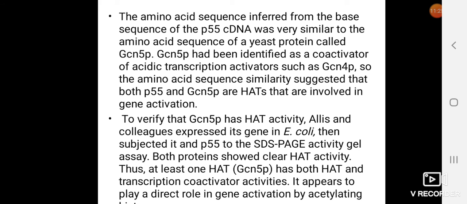Gcn5 has been identified as a coactivator for transcriptional activators such as Gcn4p. The sequence similarity suggested that both p55 and Gcn5p protein molecules are involved in gene activation.